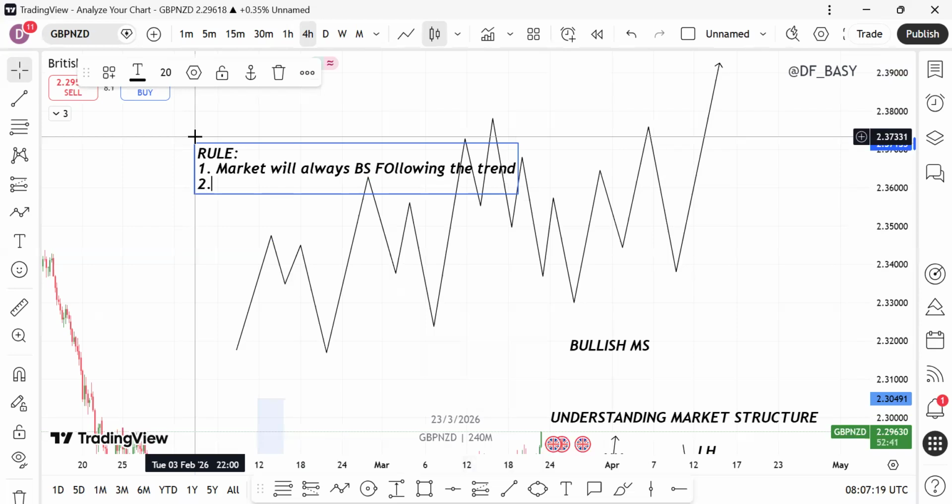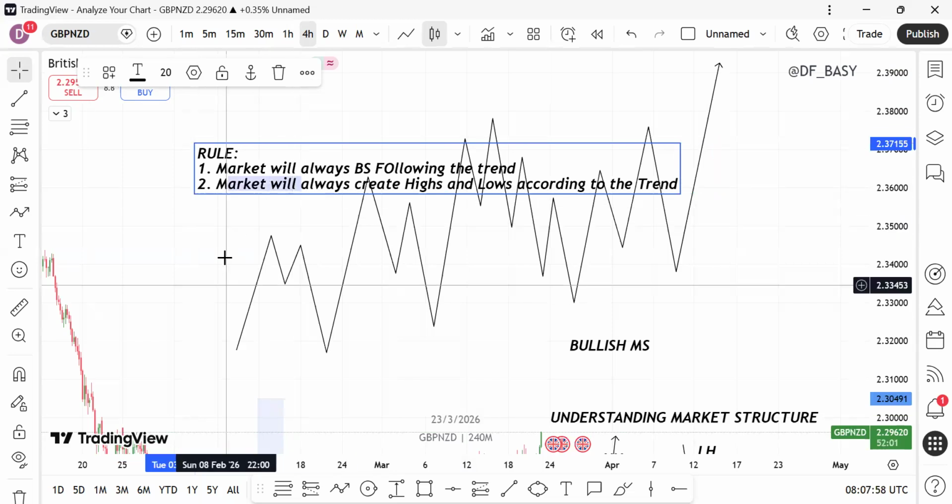Number two, market will always create highs and lows according to the trend.